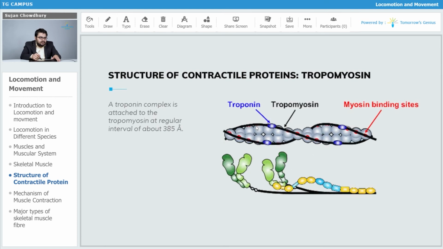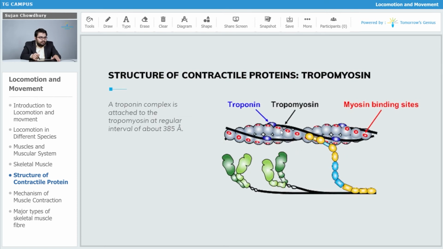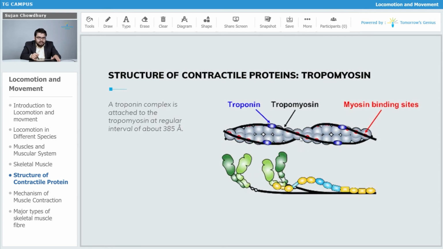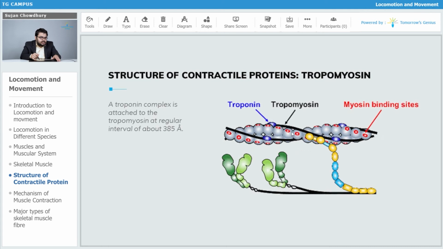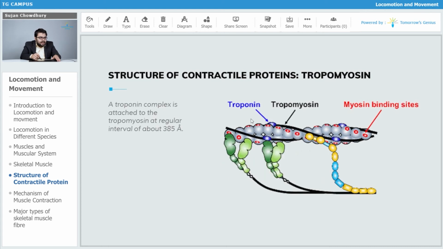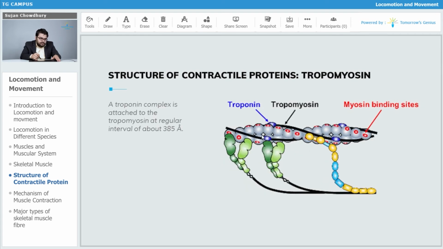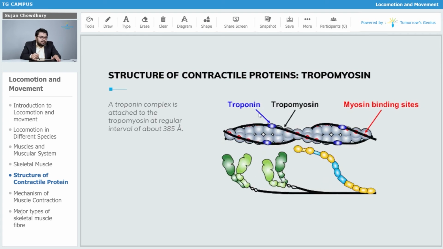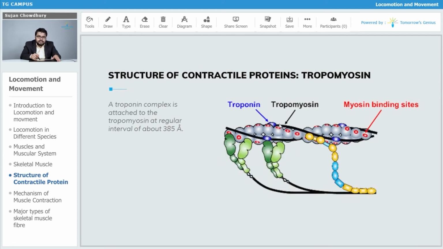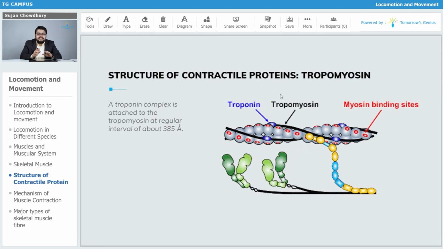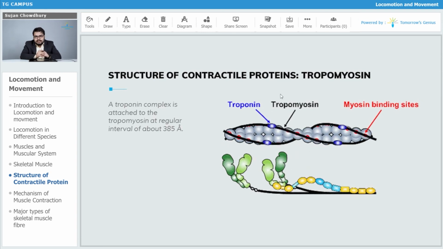Tropomyosin is also clearly visible here, that is present at the groove of the two helical strands of actin, and we have the troponin complex that is attached at a regular interval of 385 angstrom. So together they make up a very important structural architecture for activity of muscle in a smooth way.